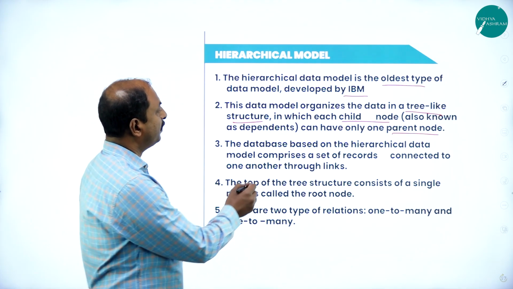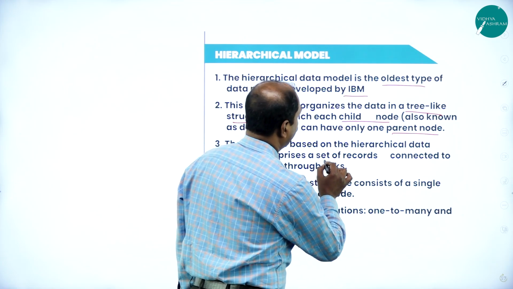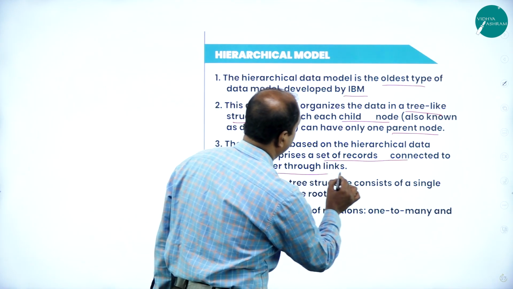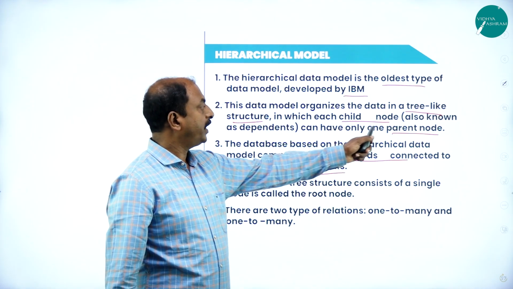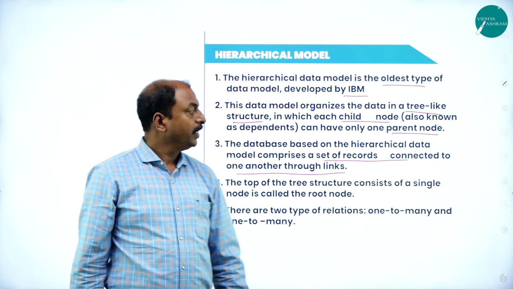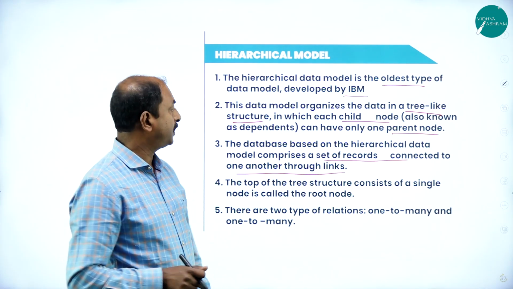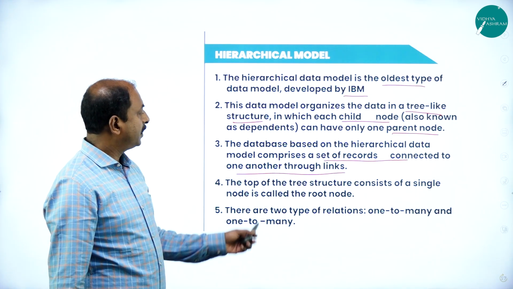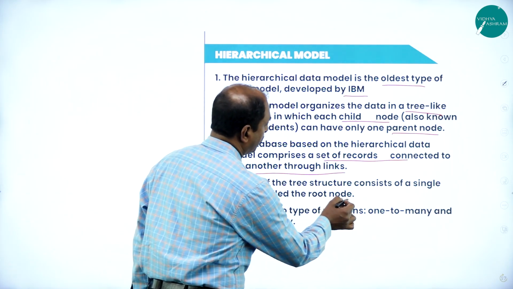A database based on the hierarchical data model comprises a set of records connected to one another through links. The child node and the parent node are connected to each other through links.